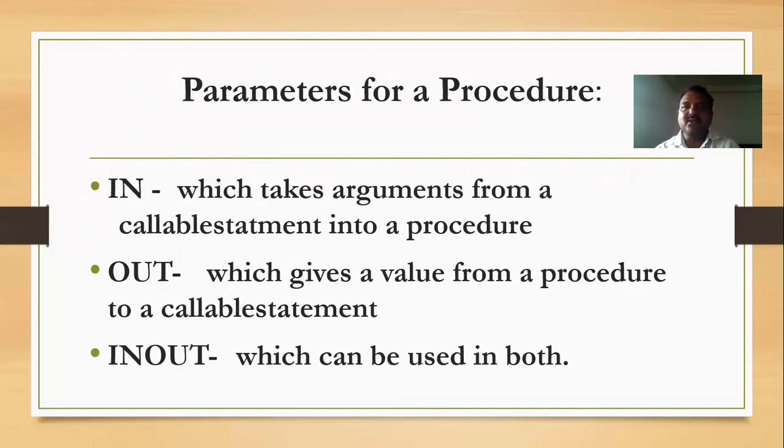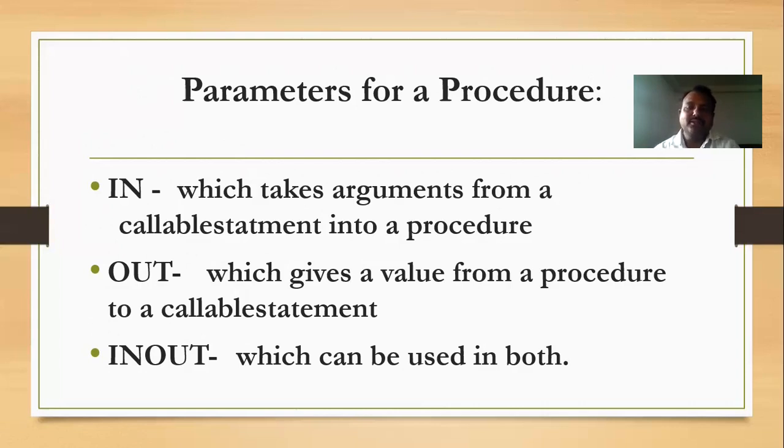As I said, a procedure is going to take three types of parameters: in, out, and in out. In takes the arguments from the callable statement into a procedure. It means when I would like to give some value from the Java program into a procedure, we declare that variable as an in variable.